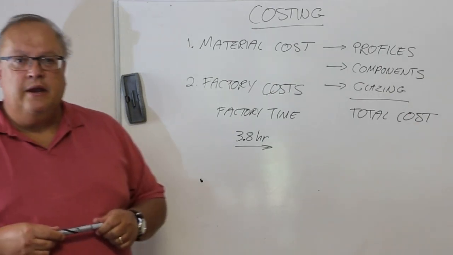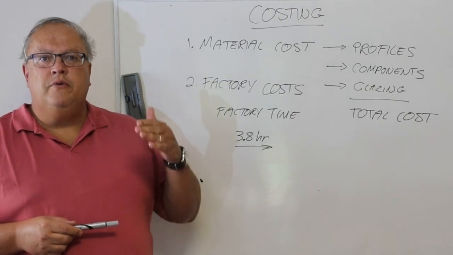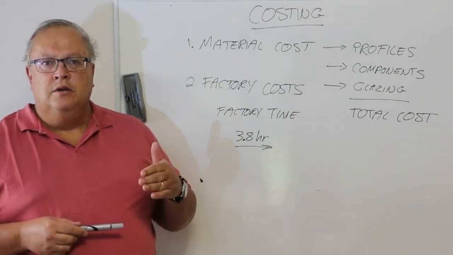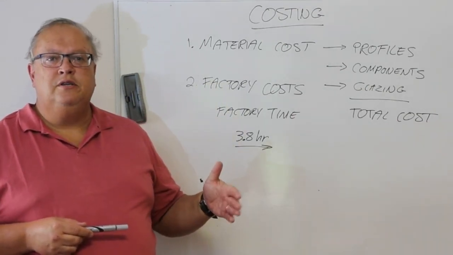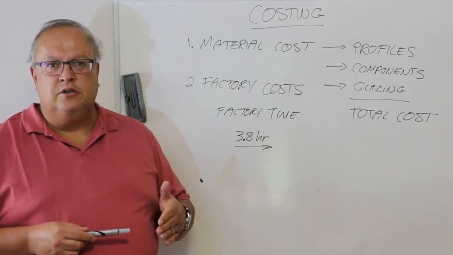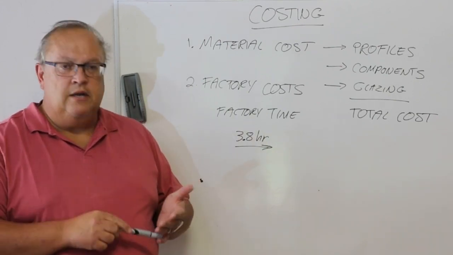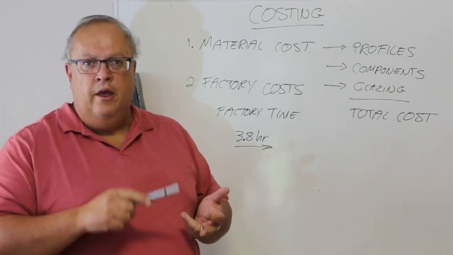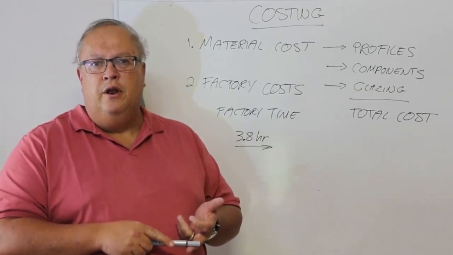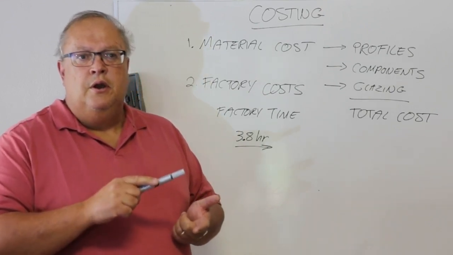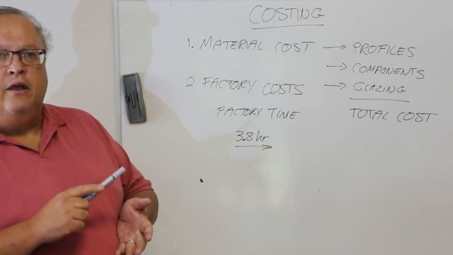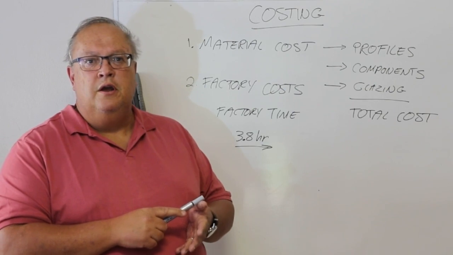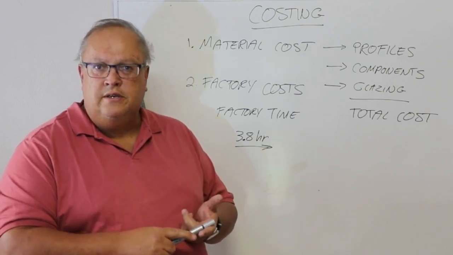Well, that is made up of taking all of the basic functions. Some of those are manufacturing functions, some of those are assembly functions, such as cutting a length of aluminium, joining a corner, mitering a cut, adding a handle, and adding a friction stay, installing a sash.